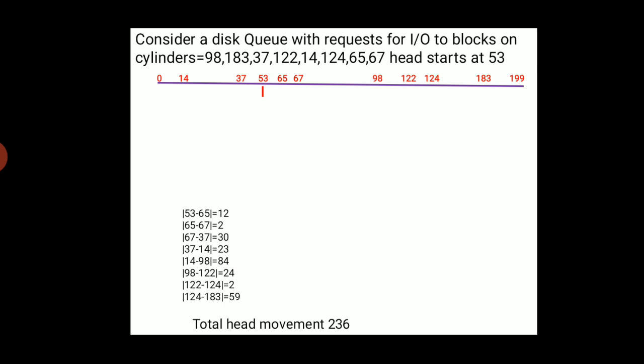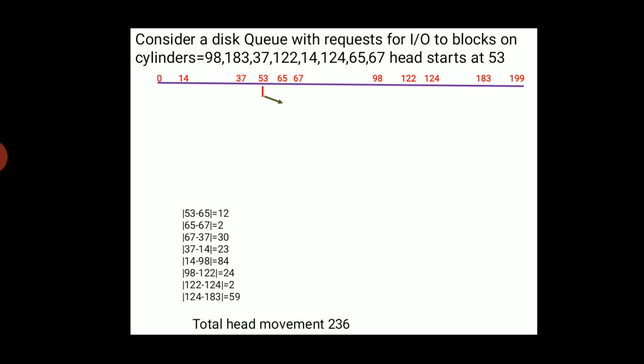Now we have to find, out of the requests in the I/O queue, which request has the minimum seek time from track 53. From track 53, the minimum seek time track is 65. So the read-write head will move from location 53 to 65.